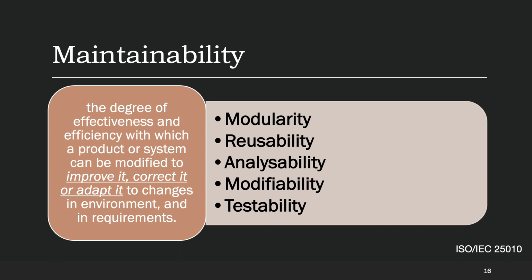Modifiability is the degree to which a system can be effectively and efficiently modified without introducing defects or degrading existing product quality. And then finally, testability is the degree of effectiveness and efficiency with which test criteria can be established for a system, and tests can be performed to determine whether those criteria have been met.